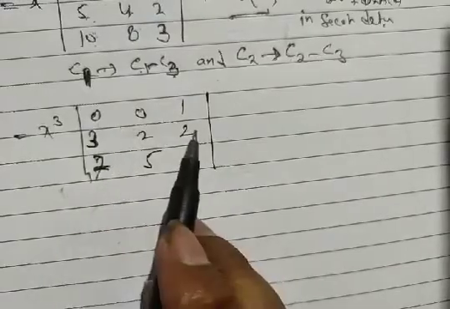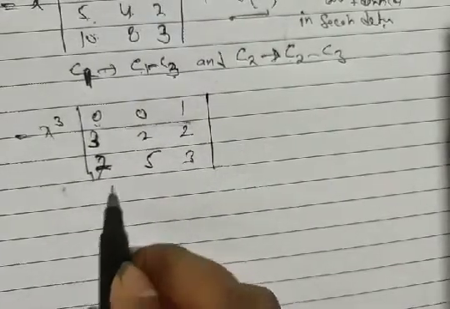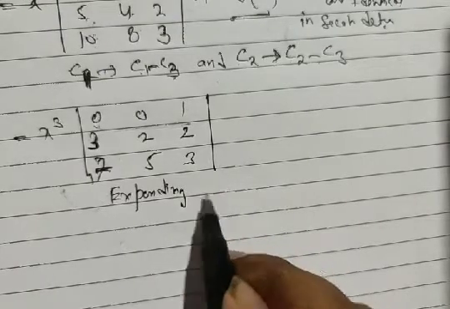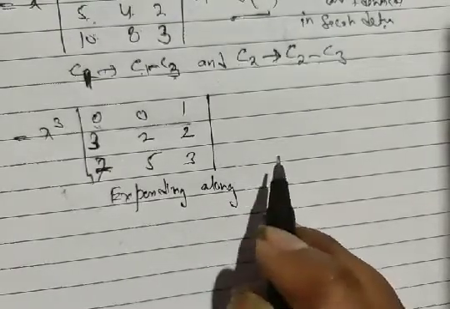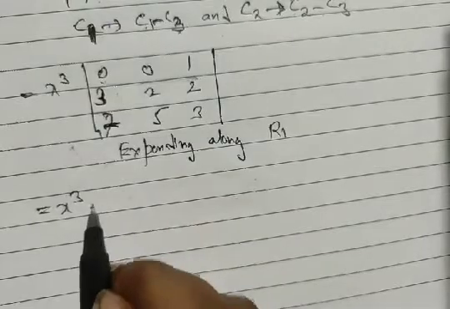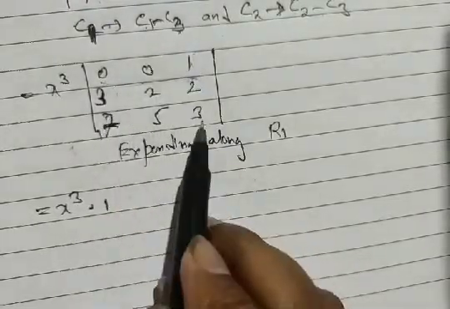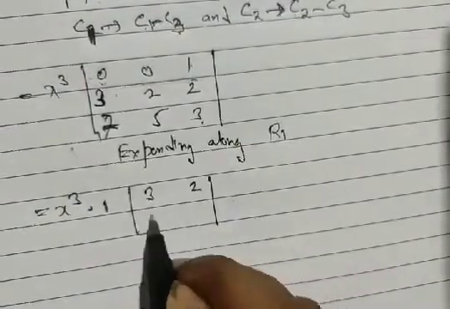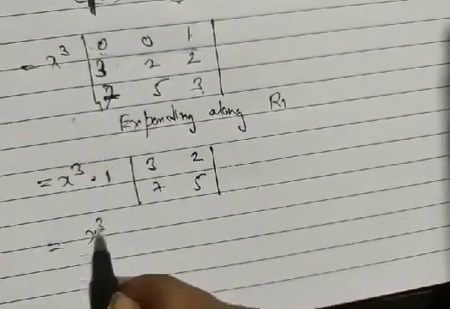Now we are going to expand along R1. Expanding along R1, we have x cube, these are 0, taking x into 1, and when we delete this column and this row, what we have is 3 2 7 5. x cube.